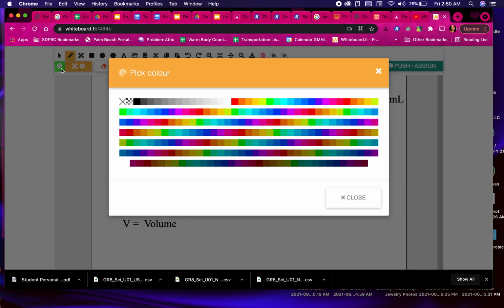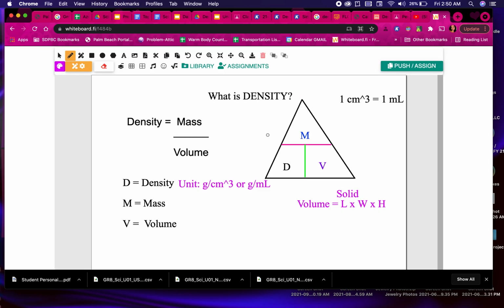And to recap, in pink, had they given me density and mass, and they told me to find volume, my formula would have been volume is equal to mass divided by density, because this line represents division.